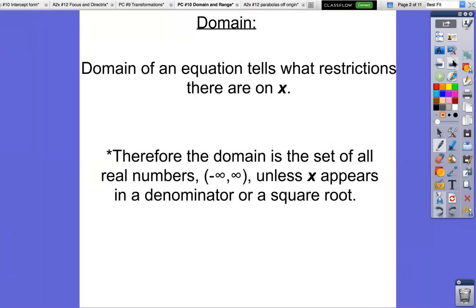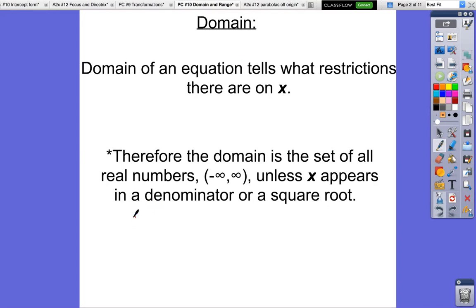Your domain is always, always, always all real numbers, unless you have a variable in the denominator or under a square root. Now I'm going to add to that real quick. Maybe you want to write this down, maybe you just want to watch.